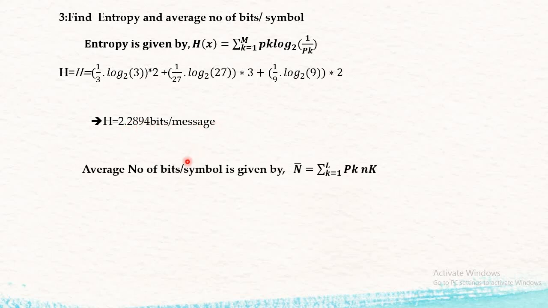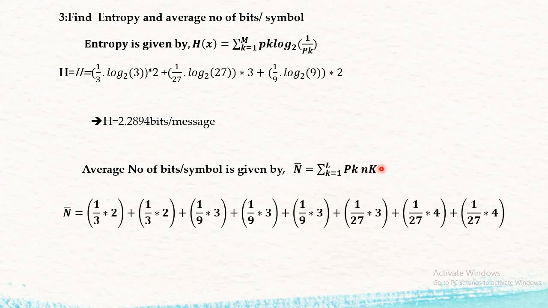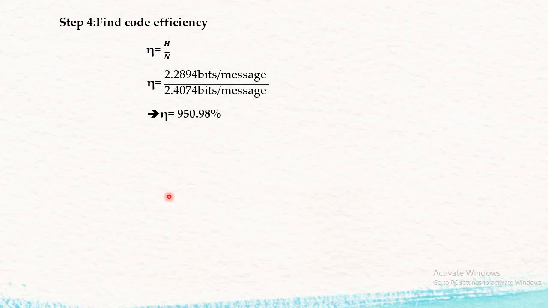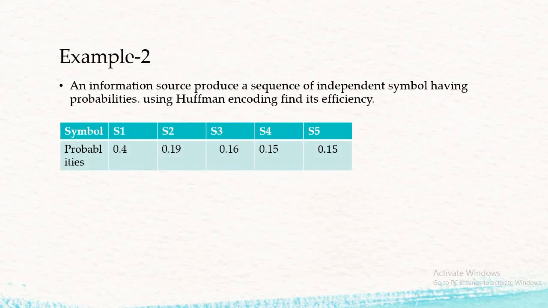Then we go for the average number of bits per symbol, which is given by n bar, summation of k equals 1 to l of pk times nk. The probabilities are multiplied by the number of bits present for that particular probability, and it gives you n bar. N bar in this case is 2.4074 bits per message. Once these two values are with us, we put them in the formula of efficiency and it will give you the efficiency.